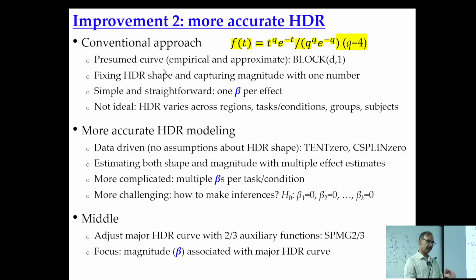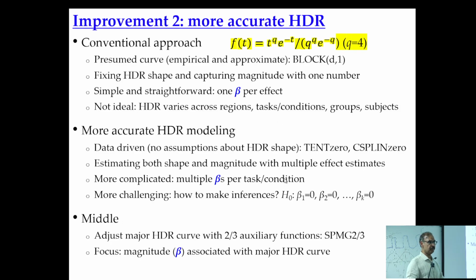There are different methods in which I can build a hemodynamic response function. By fixing the hemodynamic shape and capturing the magnitude with one number, this would give me some information about the data.